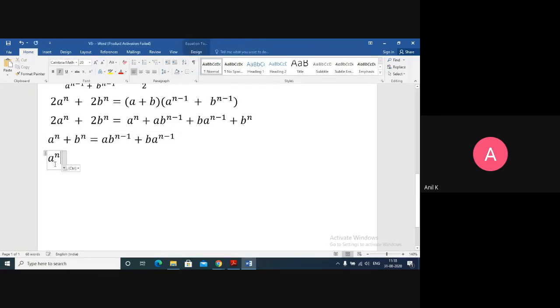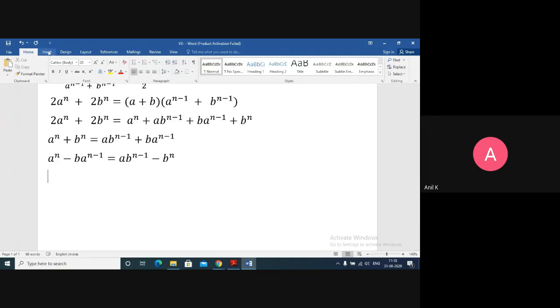And here, minus, you bring this b into a to the power of n minus 1 to the right hand side, which is equal to this term already on the right hand side only. So I'll keep this term as it is, minus I'm bringing this b to the power of n, and then changing the terms, some are to the left, some are to the right.